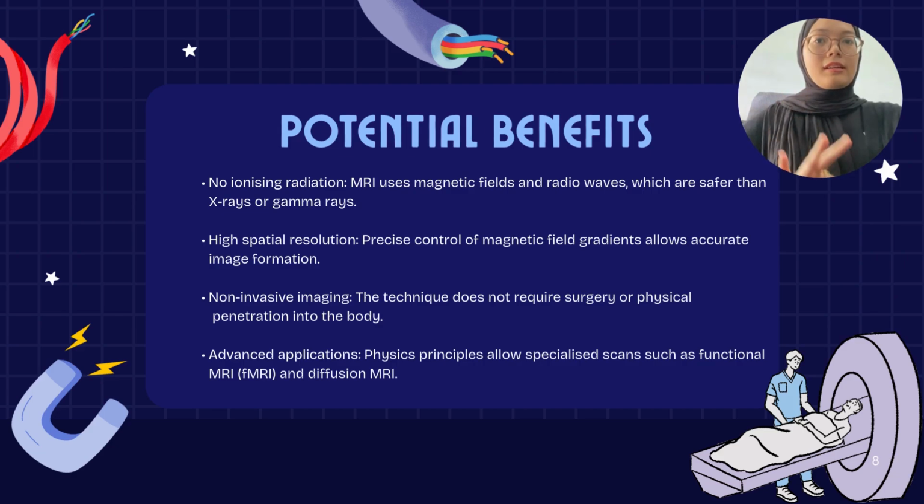The third one, MRI is a non-invasive imaging technique that does not require surgery or physical penetration into the body. The last one, MRI has many applications. From the physics principles, it allows specialized scans such as functional MRI and diffusion MRI.